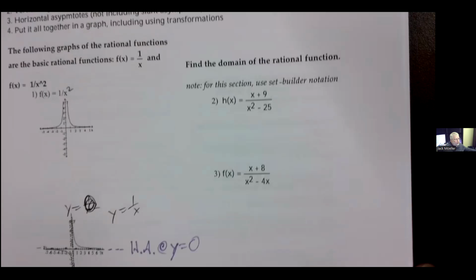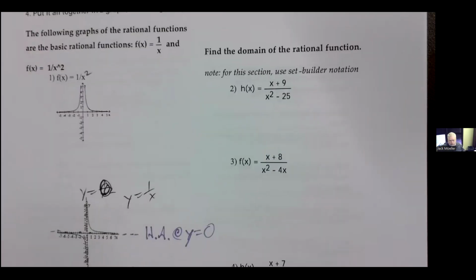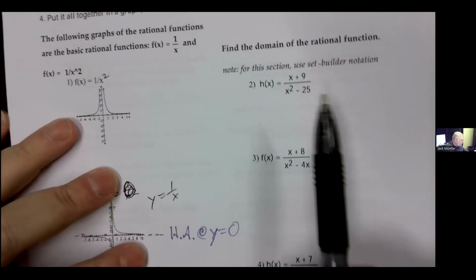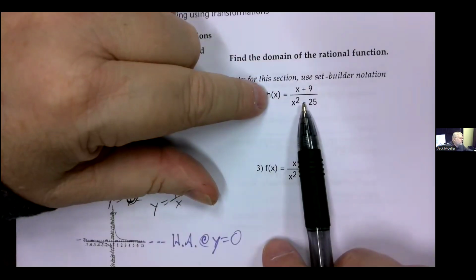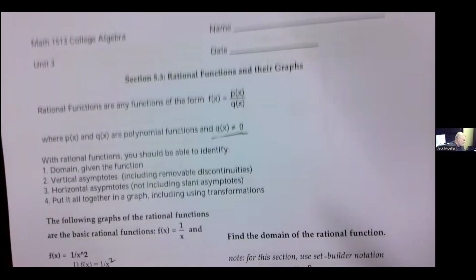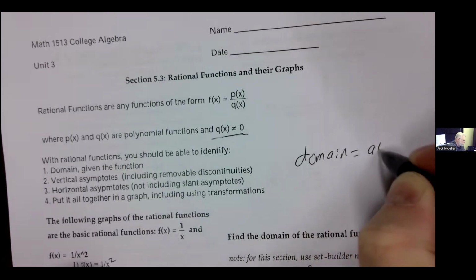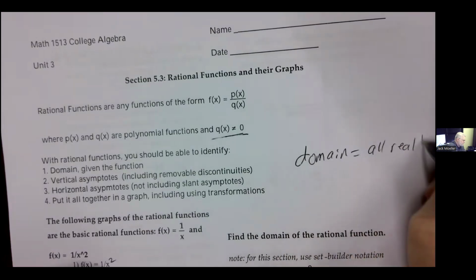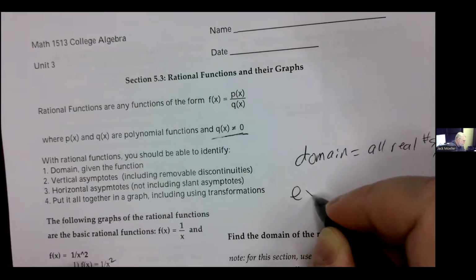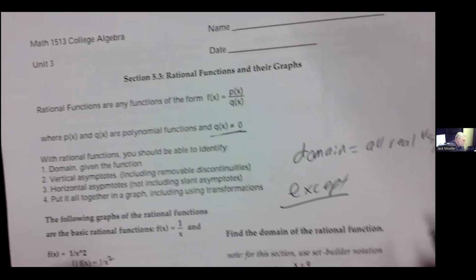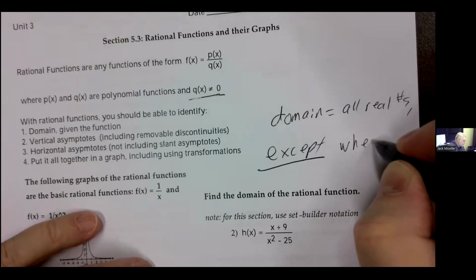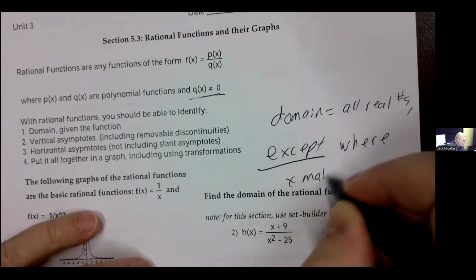And so the domain of a function is the x's, and more specifically, it's the x's that we can plug in to get an answer. Okay. And so think of it this way, domain is going to be all real numbers except where x makes us divide by 0.